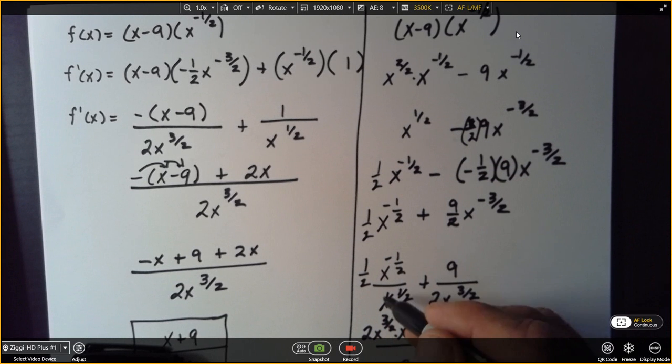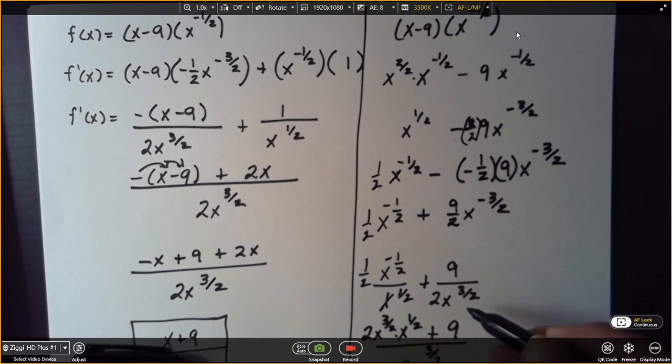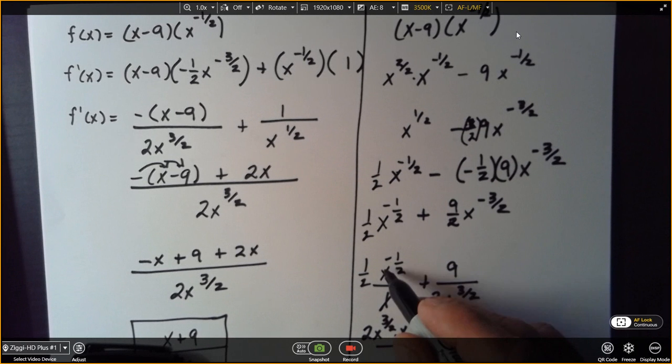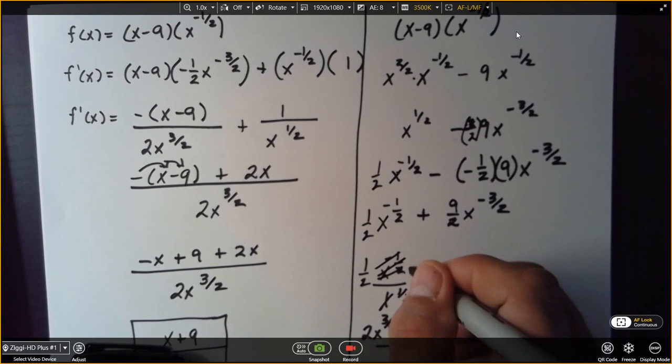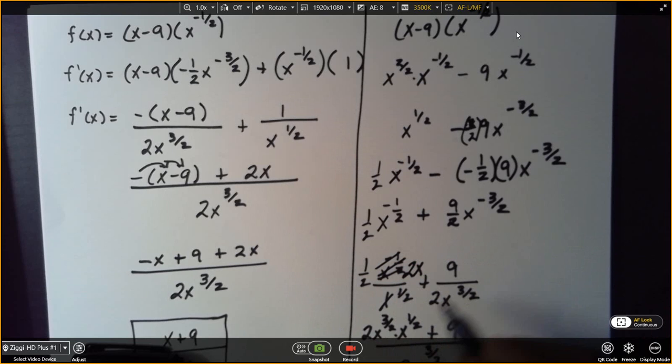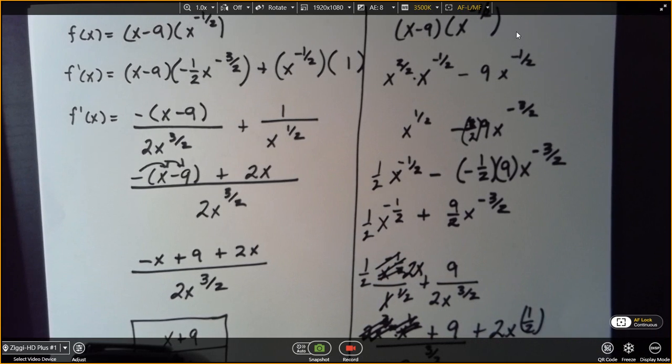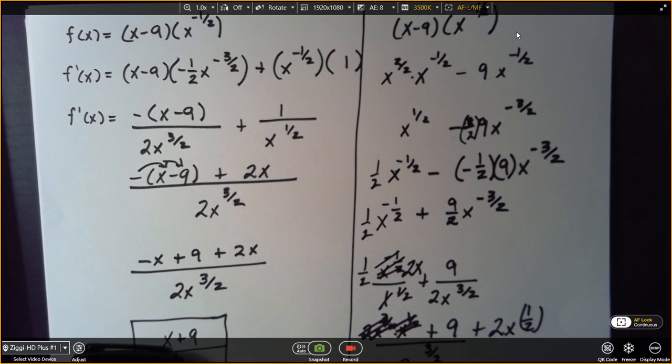Yep, that's what happened. So I need 2x. So 2x times 1/2 would be x. This is supposed to be a 2x. There we go. And 2x times 1/2 plus 2x times 1/2 is equal to x plus 9 over 2x to the 3/2. Sorry about that.